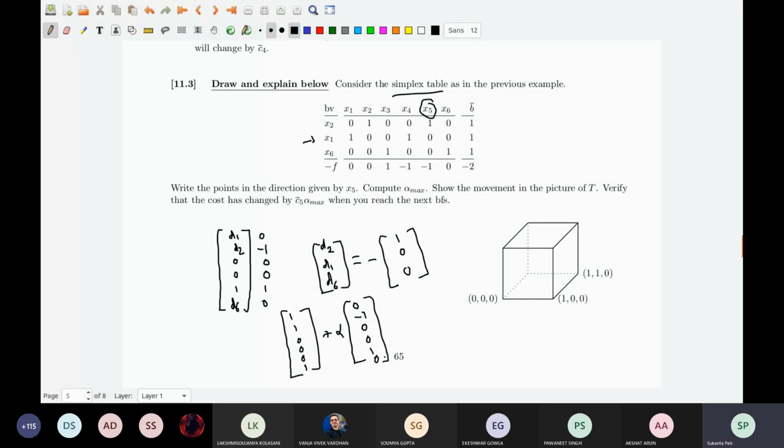Now what will this be? You just add that way: 1, 1 minus alpha, 0, 0, alpha, 1. No plus alpha, this is 0.